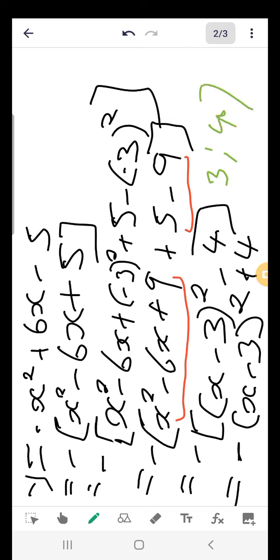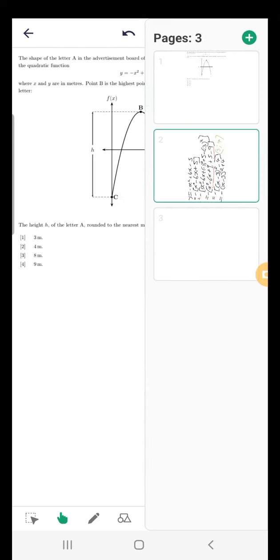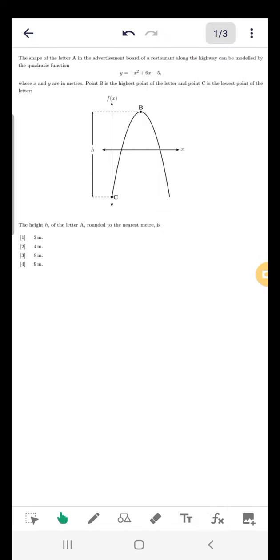We're going to have a 3 and a 4. Why? This right here is +3, and here it's a +4. Now we're going to have a turning point of 3 and 4. Our coordinates for B is 3 and 4 here. Here is 3 and 4, remember?